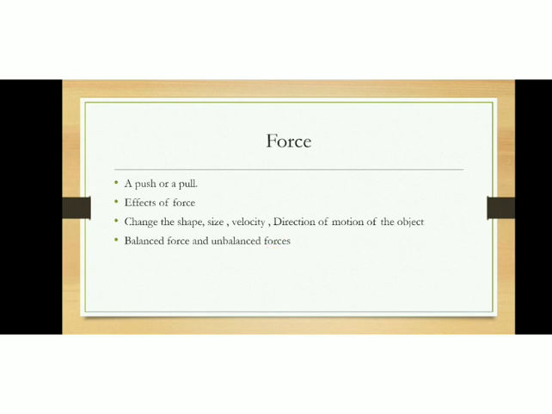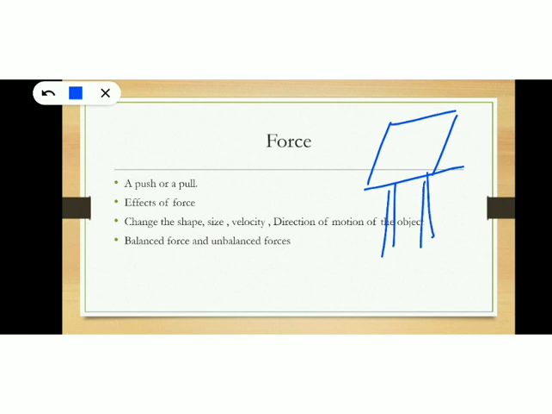And what do you mean by balanced force? Here you can consider a table, and a book is lying on this table. On both ends of the book, a weight hanger of 50 gram is suspended. Here also a weight hanger of 50 gram is suspended.